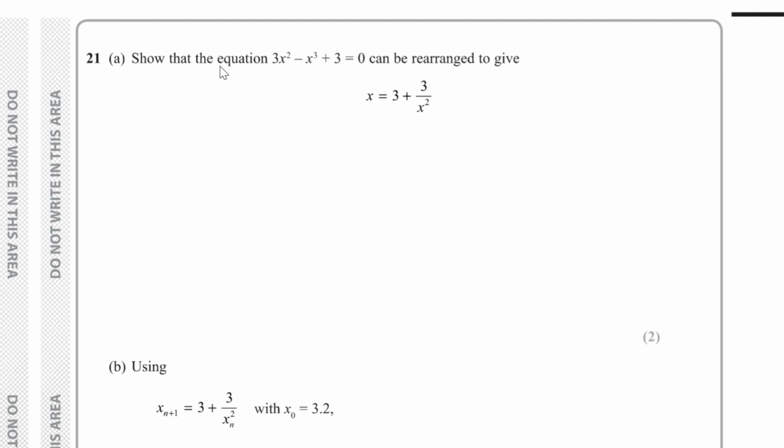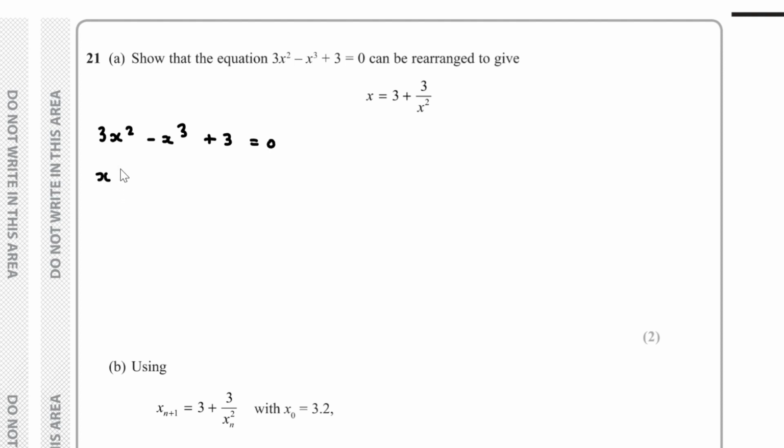Question 21. For part A, we have to show that the equation 3x squared minus x cubed plus 3 equals 0 can be rearranged to give x equals 3 plus 3 over x squared. Well, here we will begin with 3x squared minus x cubed plus 3 equals 0.